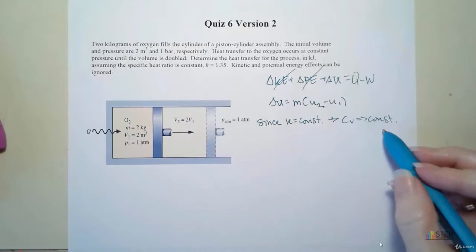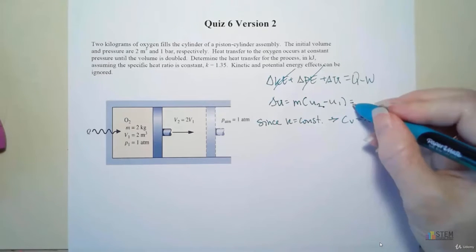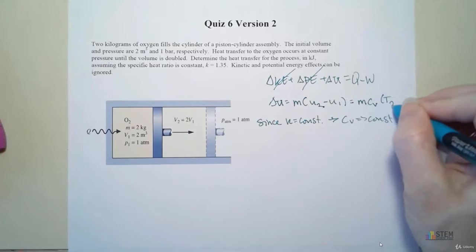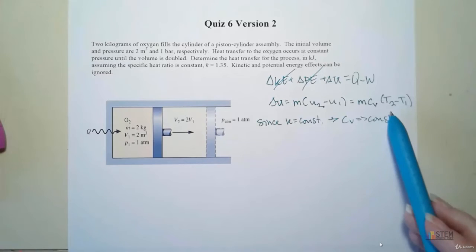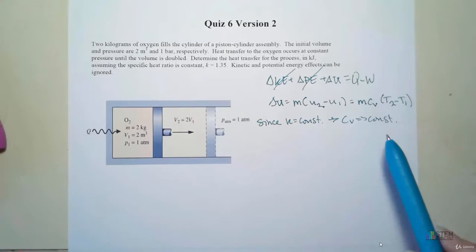And if that's the case, then we can rewrite this up here as M times CV times T2 minus T1. Because remember, we had the equation that the specific internal energy could be CV times T2 if this is constant.